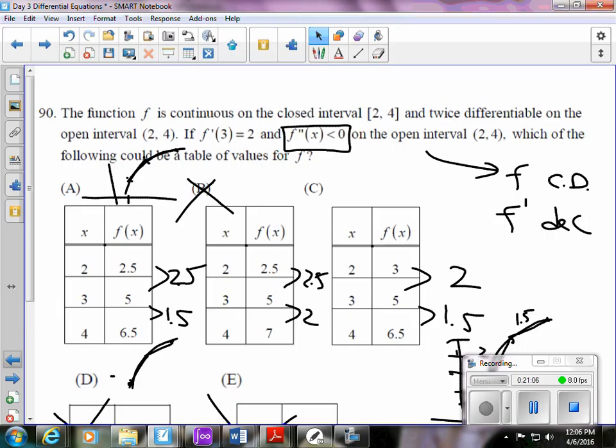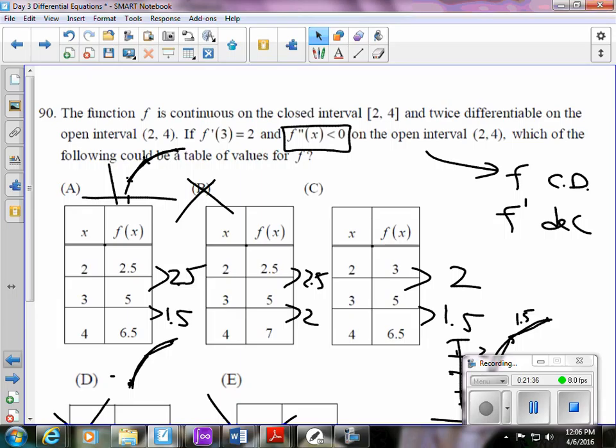Okay, so if it has to be 2.5 somewhere between these x's, and the slope of the tangent has to be 1.5 in between an x value of 3 and 4, and those slopes are always decreasing, it's possible that it could be 2 right at 3. And B it couldn't be because it's going to be 2 at an x value between 3 and 4. It's not like you could go back down to that. It's got to be decreasing the whole time. So yeah, there's a lot going on in that one.